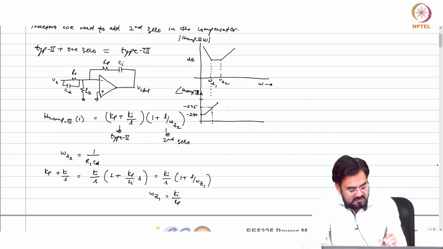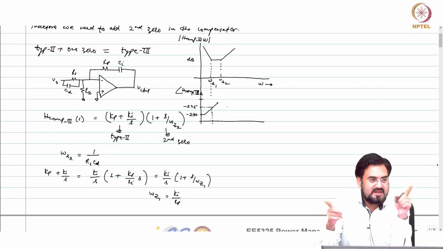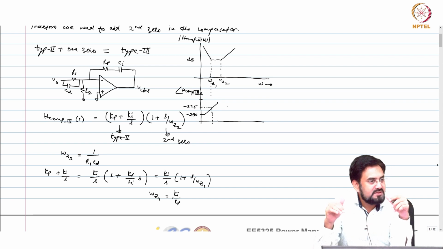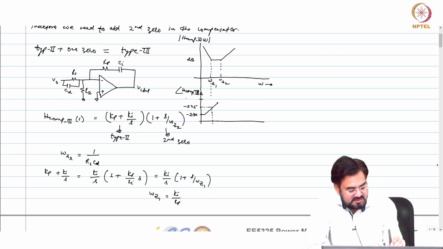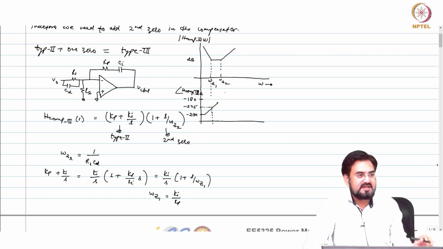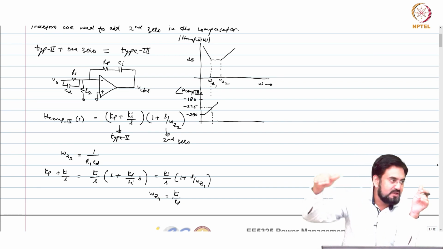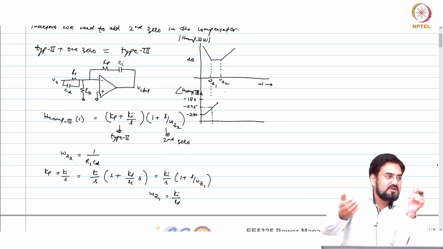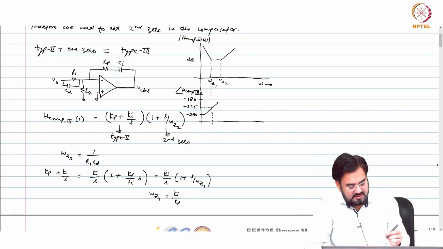And what will happen after that? Let's say omega z1 and omega z2 are far away, then it will settle at minus 180. But due to the second zero, it depends on how much separation you have between omega z1 and omega z2. It may settle and flatten out at minus 180, but if your second zero hits before that, then it will keep rising towards plus 90.